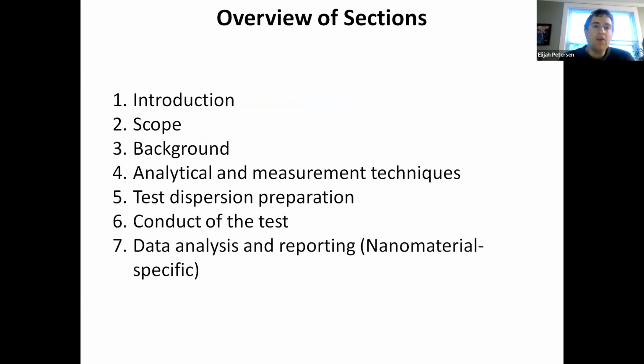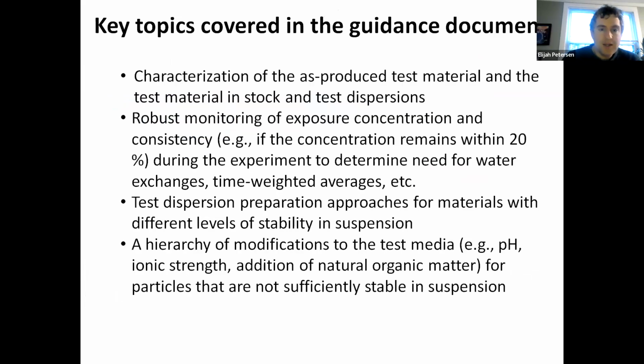Let me provide a quick overview of this document. First off, we're looking at the scope and why we even need a guidance document. Why are engineered nanomaterials so different that the regular test methods may require some modifications? We described that a little bit, and then got into some other details that I'll describe in the next slides.